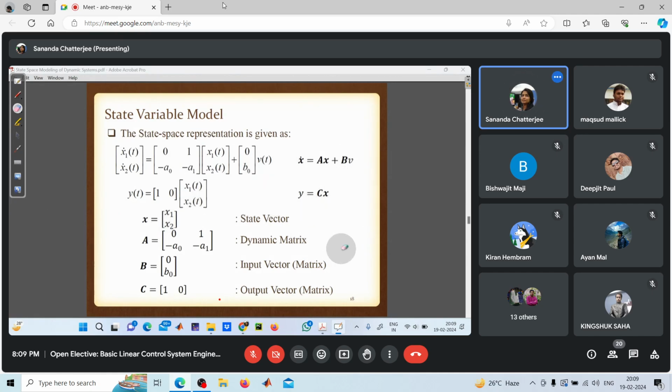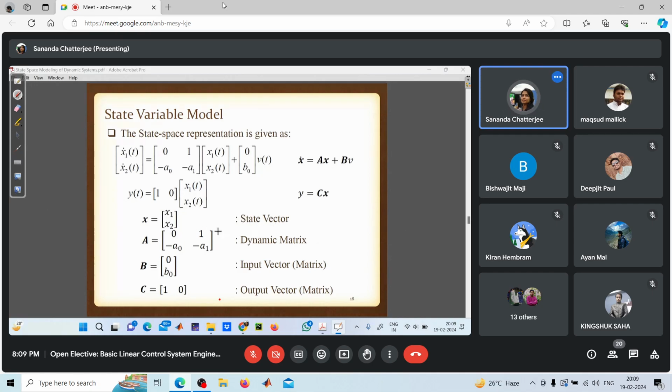Now you see, we can now represent this x1 and x2 as a vector. This is called the state vector.